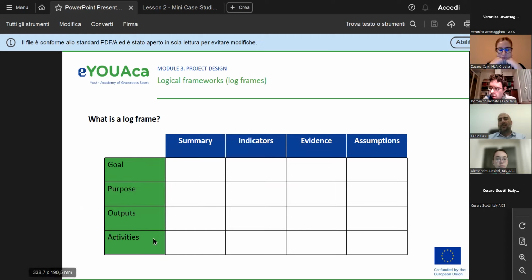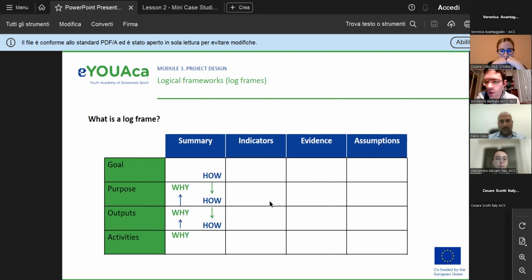So if I do these activities and the assumptions hold, I will reach the outputs. If I reach the outputs, I will reach the purpose. If I reach the purpose, I will reach the goal. So there is a description of goals, purpose, outputs, and activities, and a description of the indicators, of the evidence, and of the assumptions.